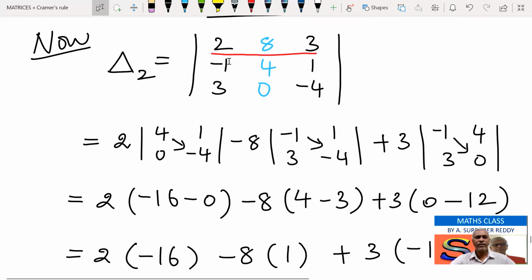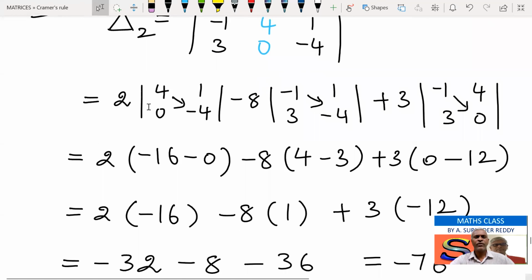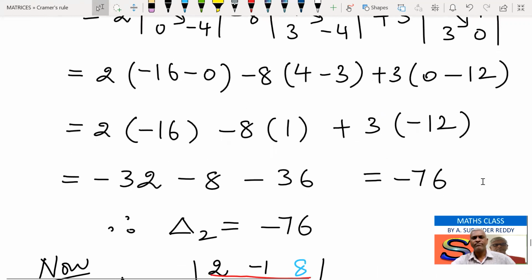Similarly, you can find delta 2 and delta 3 with the same procedure. For delta 2, 2 into the remaining 4, 8 becomes minus 8. So except 4, 0, remaining 4. 3 into except 1, minus 4, remaining 4. And simplify: 4 into minus 4, 1 into 0, minus 1, minus 4 plus 4, minus 1 into 3, minus 1 into 0, minus 3 into 4.